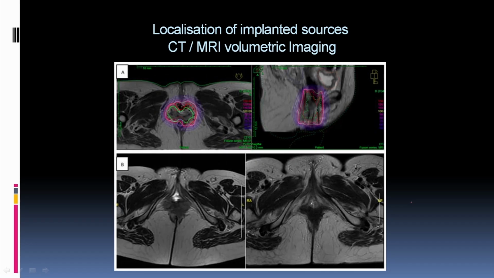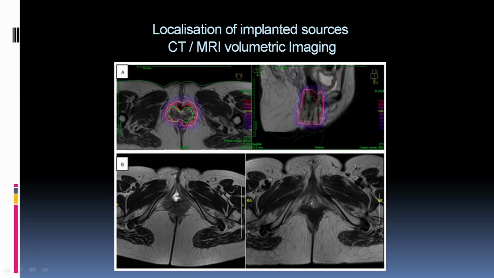So nowadays we are using volumetric imaging like CT or MRI. From this we can retrieve the volumetric data and create our treatment plan according to our requirement, and we can position the radioactive isotopes as per our requirement. This is a purely computerized system, and we are using very sophisticated and accurate treatment planning systems for brachytherapy applications.